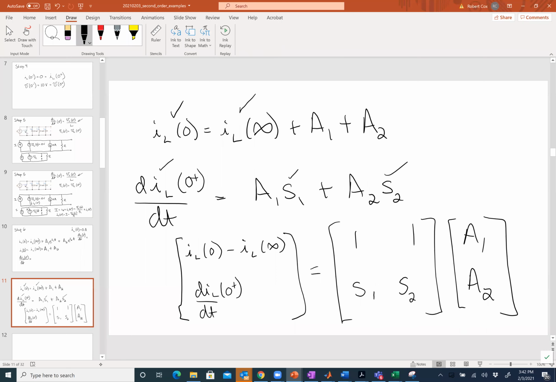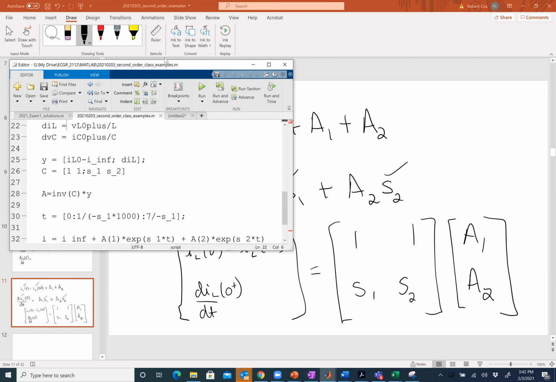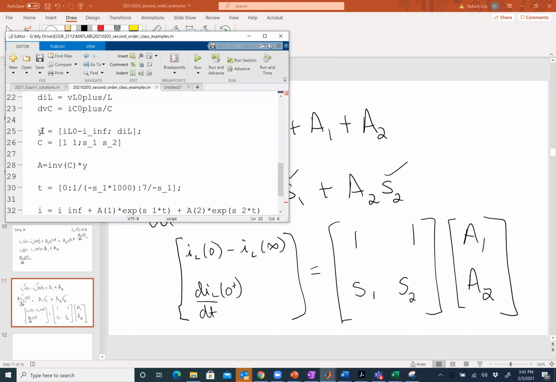If you multiplied out those matrices, 1 times A1 plus 1 times A2 would give me the first equation. S1 times A1 plus S2 times A2 would give me the second equation. What I do is jump over into Matlab and define those. So let's compare them here. Here's Y: I took IL0 minus I infinity.